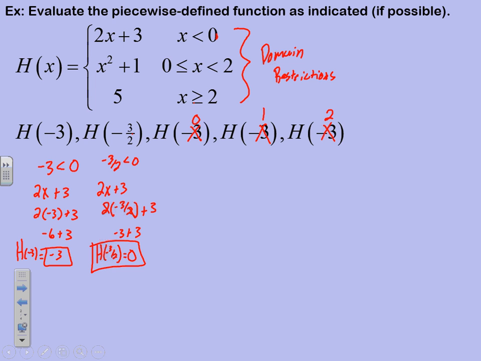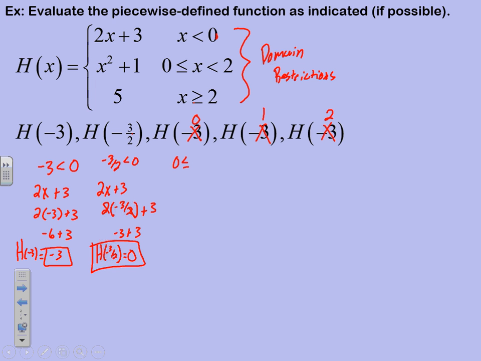So now let's take a look when x is 0, the next one in the list. Here, x is going to equal 0. If you look at the domain restrictions, the first one says x has to be less than 0. It cannot be equal to 0. The middle one says x can be greater than or equal to 0.